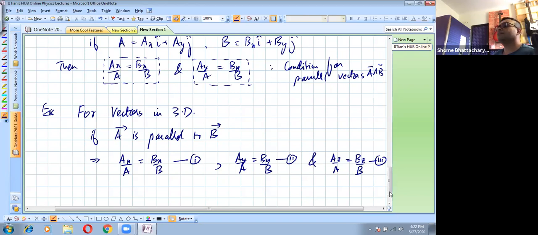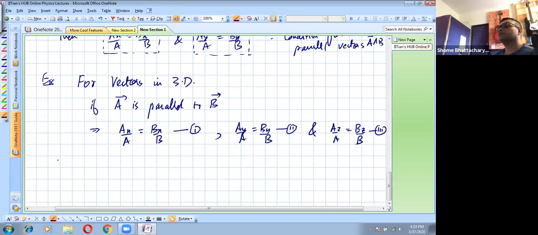Now if you combine the equations, we can also express it in this way, combining equations 1, 2, and 3. You can see Ax upon A is equal to Bx upon B, Ay upon A is equal to By upon B, and so on.